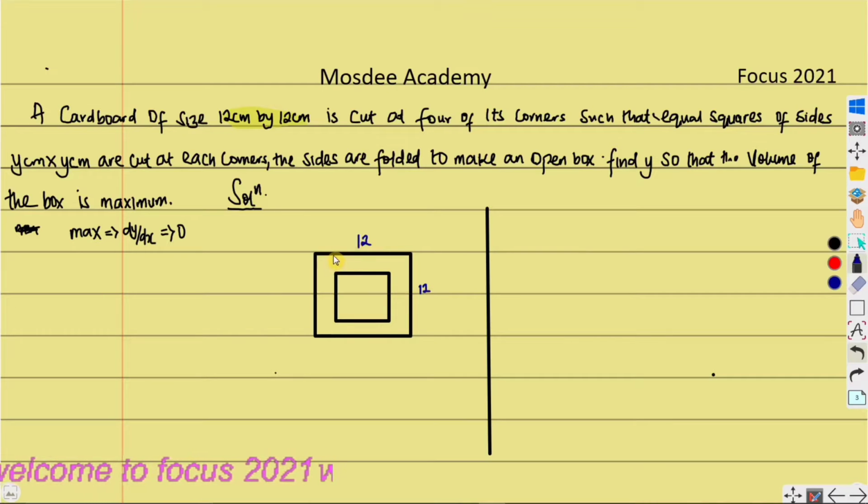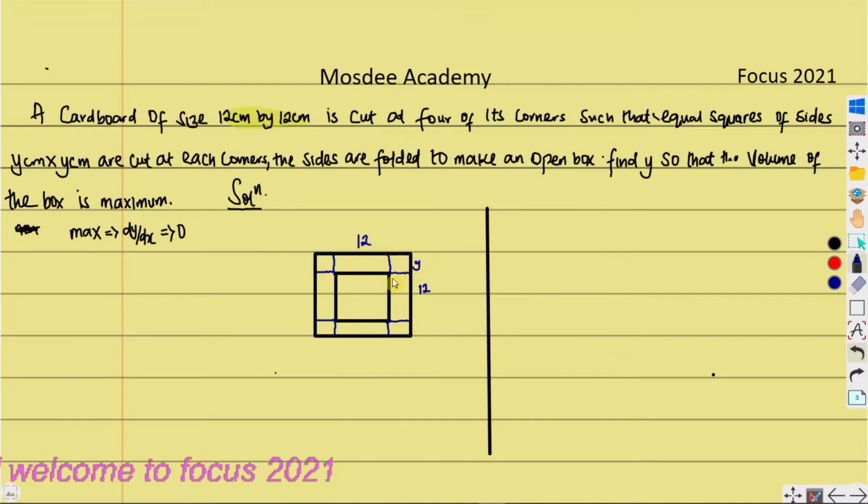Then each of the corners are cut out to form a square, to form an open box. The dimension of each corner was given as y by y centimeter.